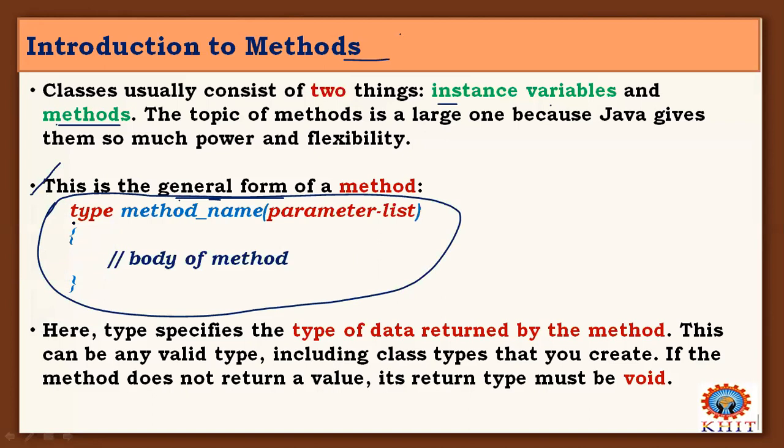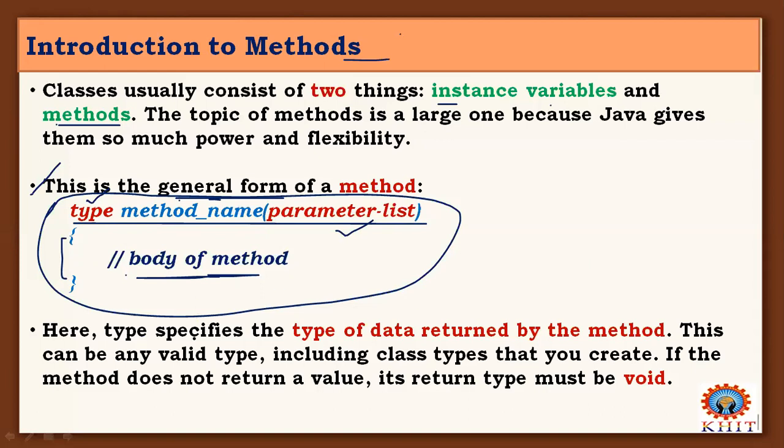A method definition starts with the type of the method followed by the method name, and for this method, sometimes a parameter list, the scope of the method, and the body of the method. This is the syntax or form to be used for creating methods of classes in Java.